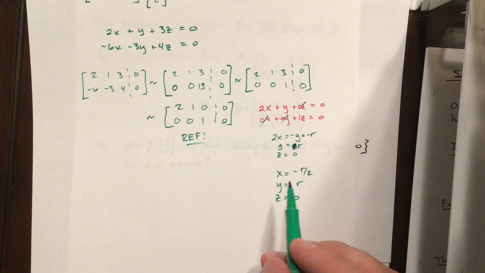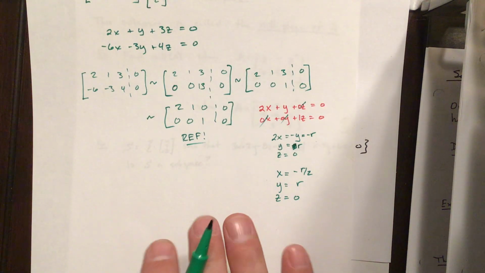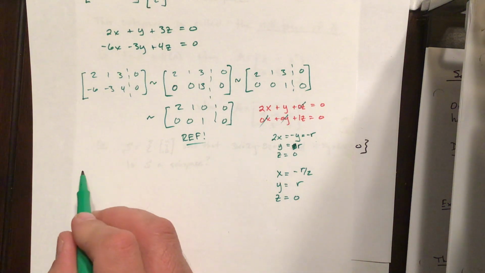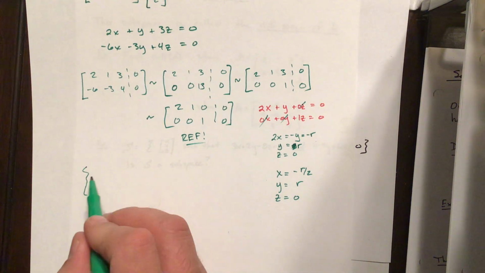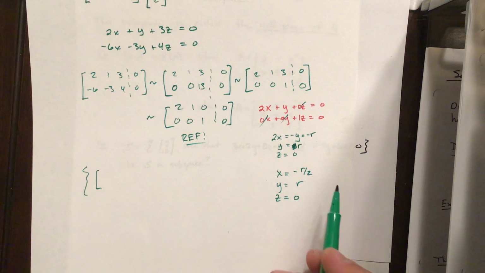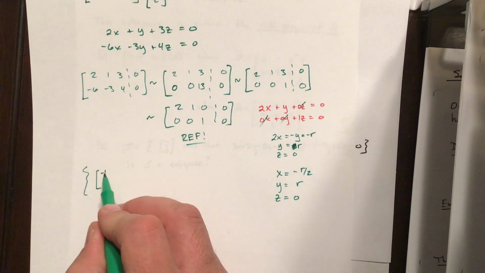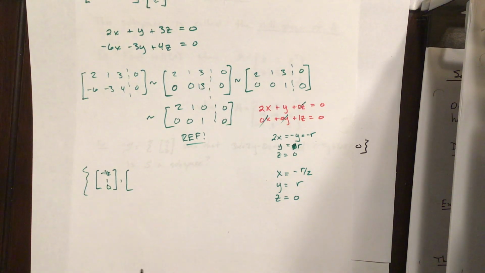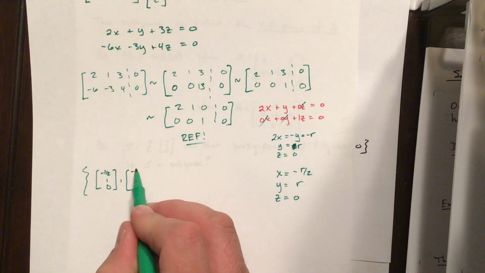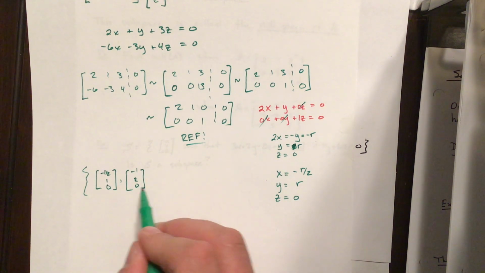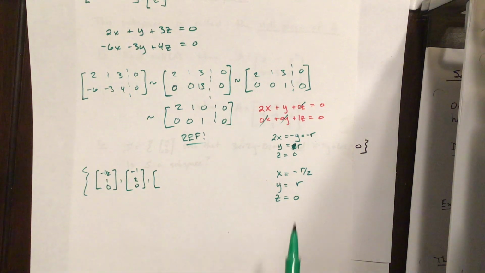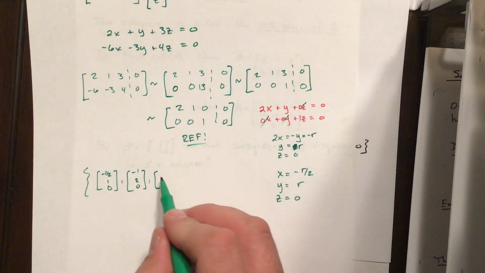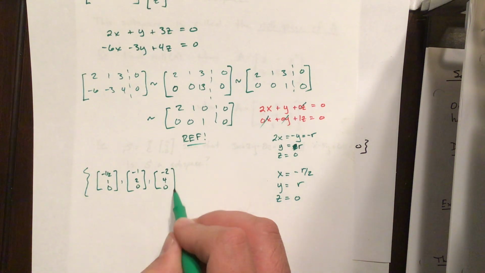This is not something that I would ever expect you to show, but I'm going to list some vectors out. They look like -1/2, 1, 0. If r is 2, they look like -1, 2, 0. What happens if r is 4? -2, 4, 0, and so on.